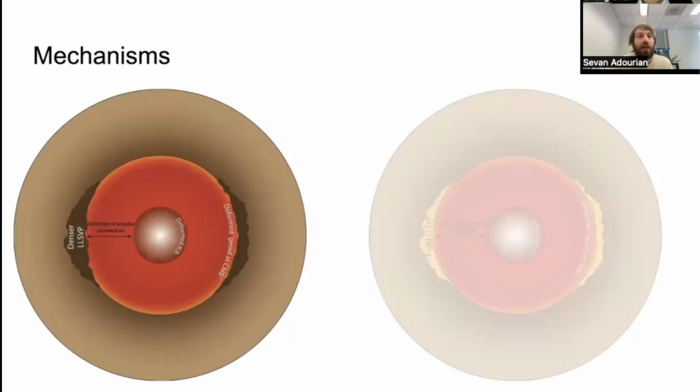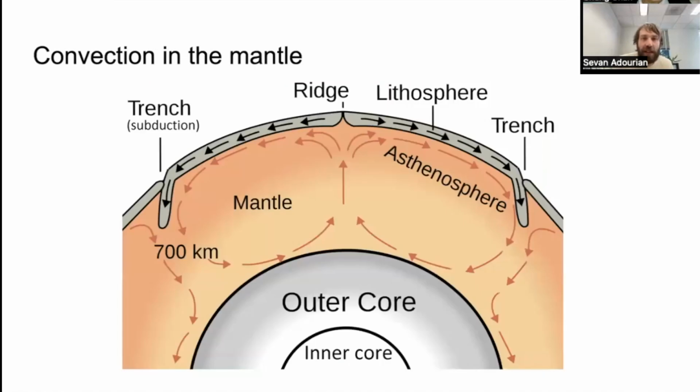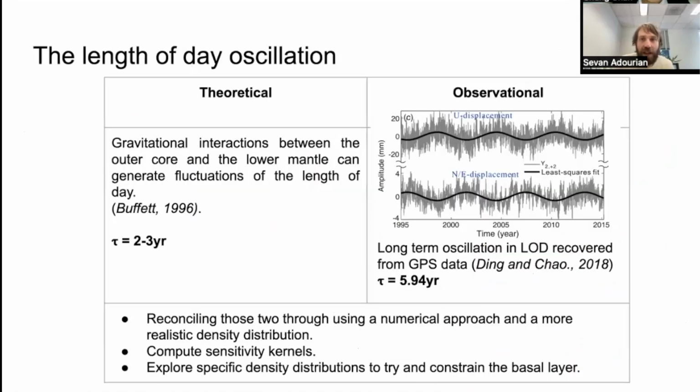Yes. So, if I take an analogy, the usual analogy for length of day oscillations is a rotating ice skater. If you're ice skating, and let's say you're very good at it and you manage to rotate, you carry something called angular momentum.